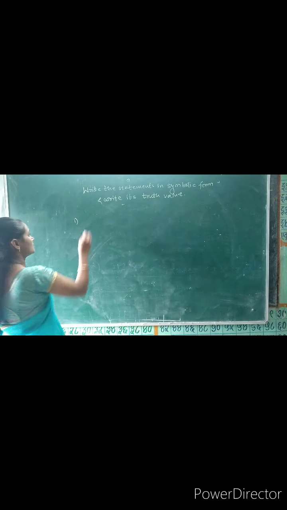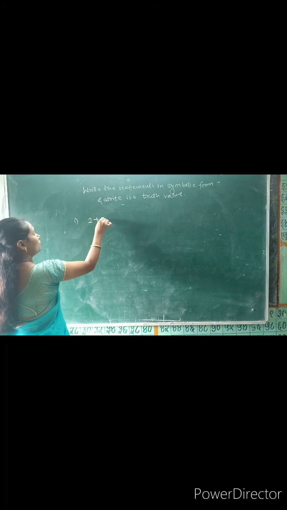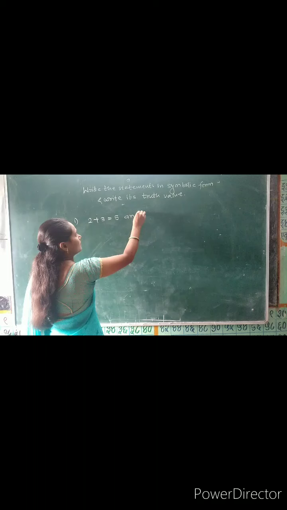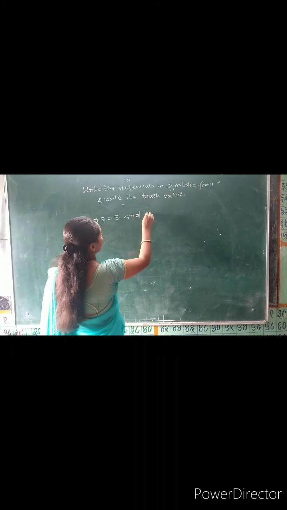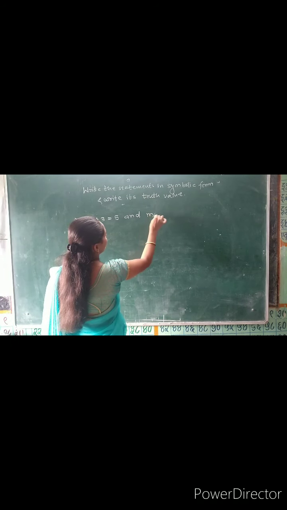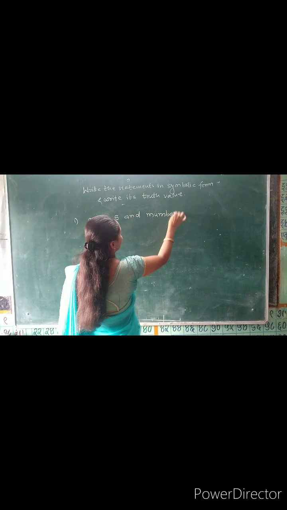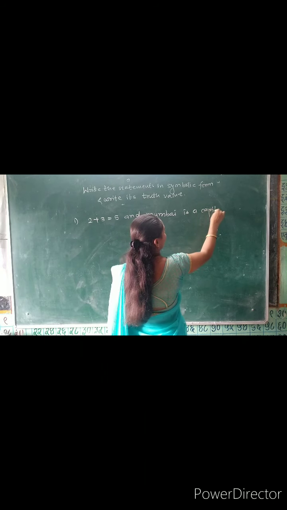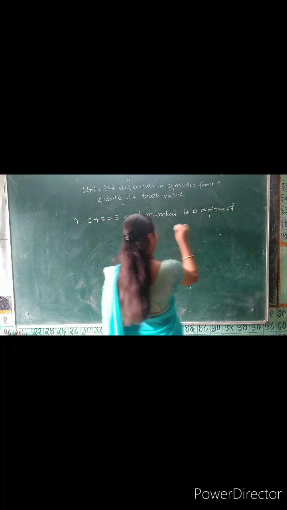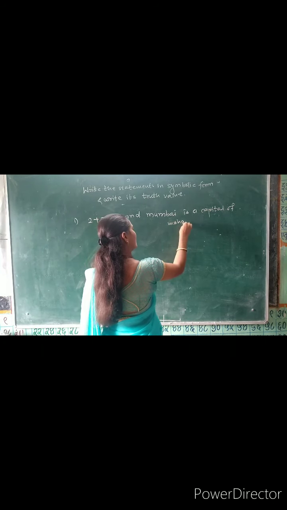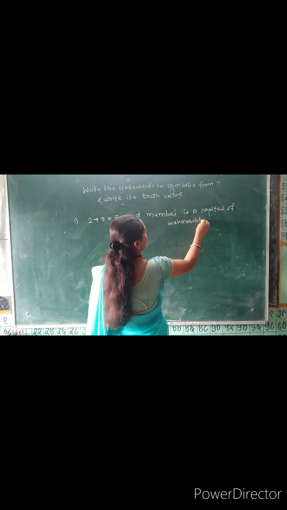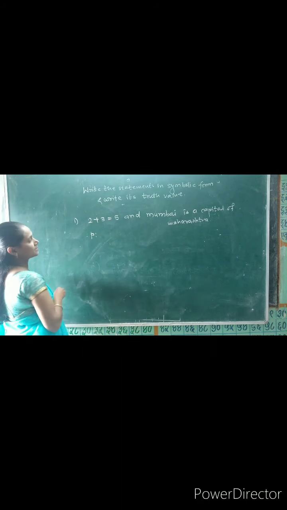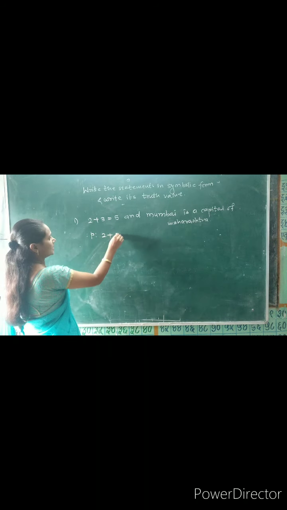If the first one is 2 plus 3 is equal to 5 and Mumbai is a capital of Maharashtra. First, we write here, what is our P statement? P statement is 2 plus 3 is equal to 5.